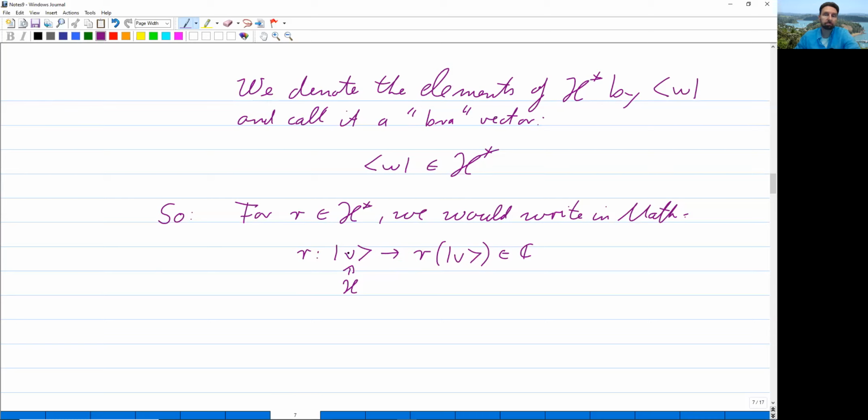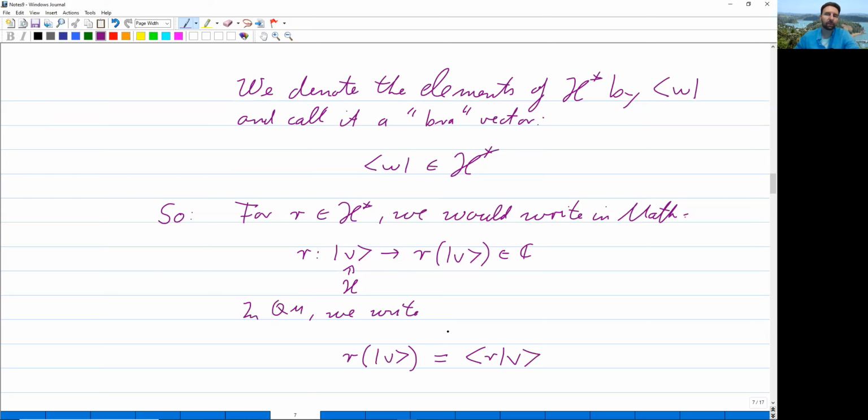So it is a map that takes an element of the original vector space H and maps it into a complex number. But in quantum mechanics, in QM, we write R of V differently. We write it as R V.